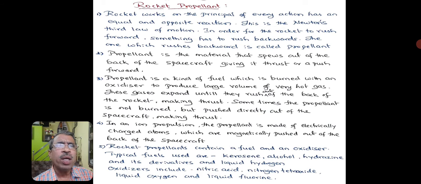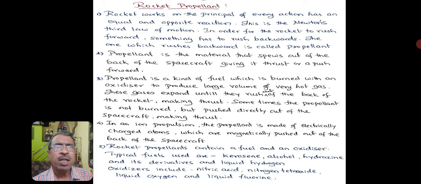A rocket works on the principle that every action has an equal and opposite reaction. This is Newton's third law of motion. In order for the rocket to rush forward, something has to rush backwards.